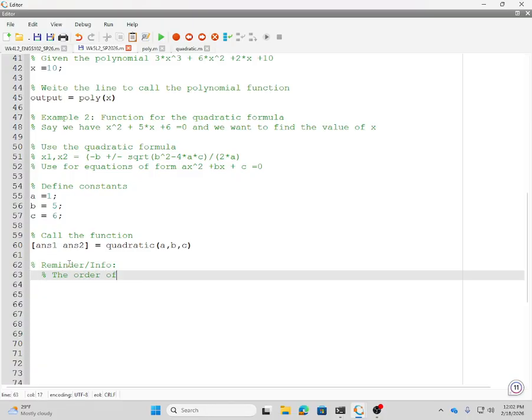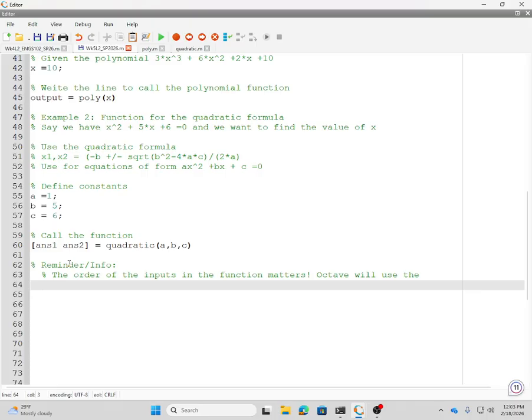So the order of the inputs in the functions matters. Octave will use the same order to evaluate and won't care what you call them, as you have seen, right?